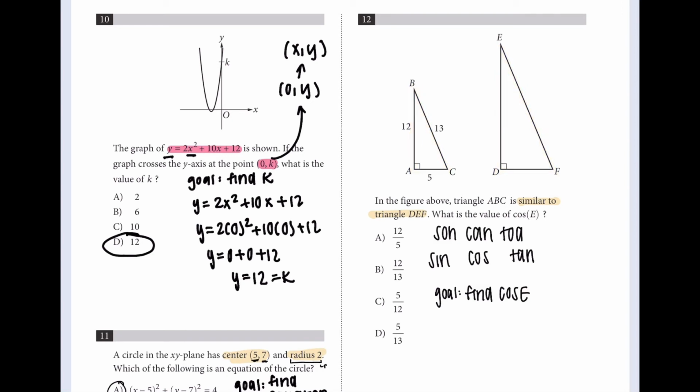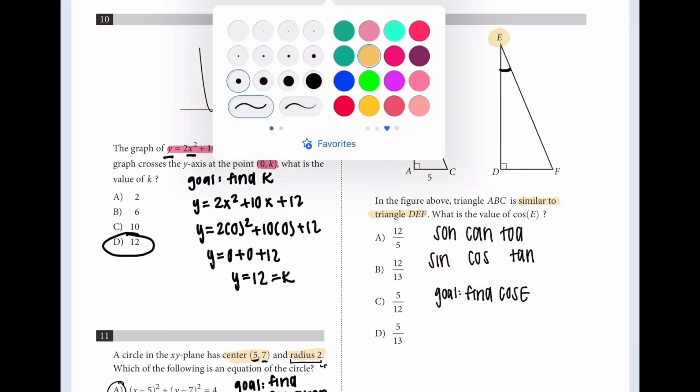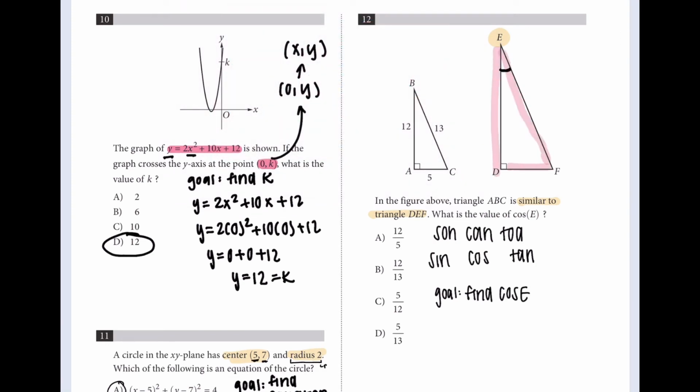So we want to find the value of cosine of E. So that means the cosine of angle E. So we're going to find E, which is on this triangle right here. And whenever they say cosine of E, that means you're going to be using this angle, so the angle E, and you're going to be using the side measurements of the triangle to find that cosine or that function.